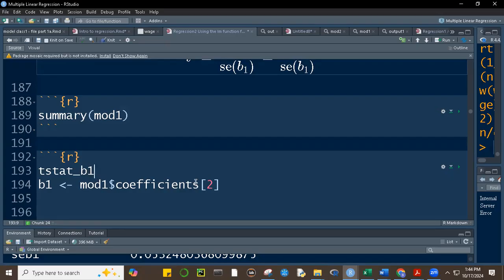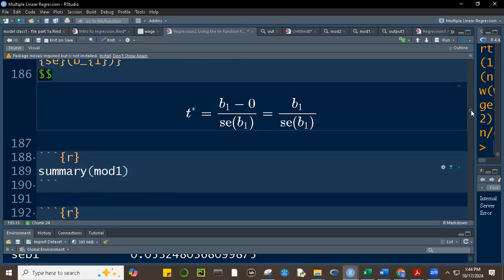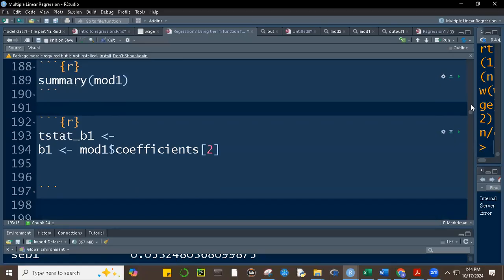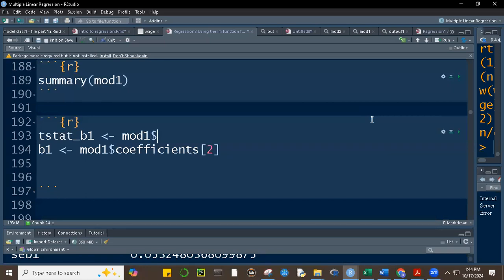I'll just call it T stat for B1 alt. So it's equal to, class, the formula. In our case, our B1 is our coefficient. So I access that mod, and then coefficient, and then I get the slope, and then divide it by standard error of B1. We have already that one, standard error of B1.